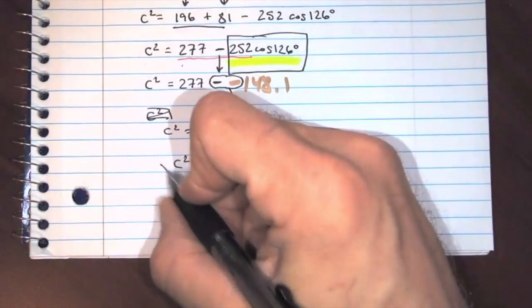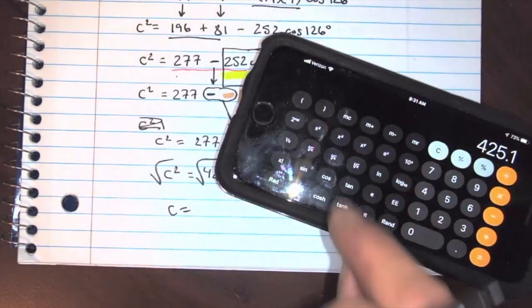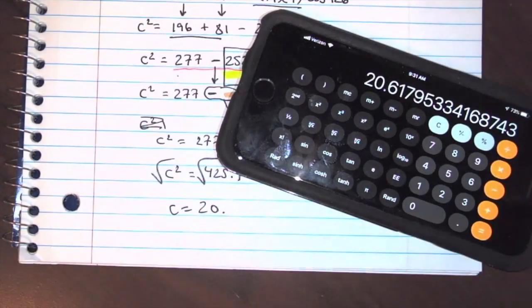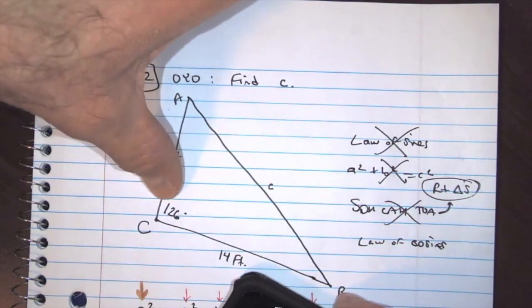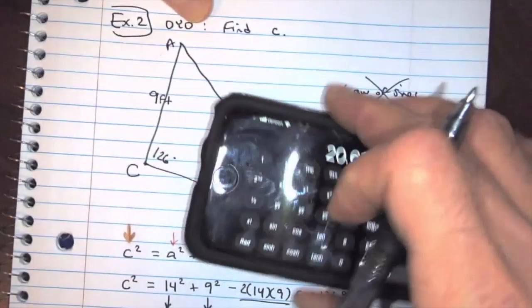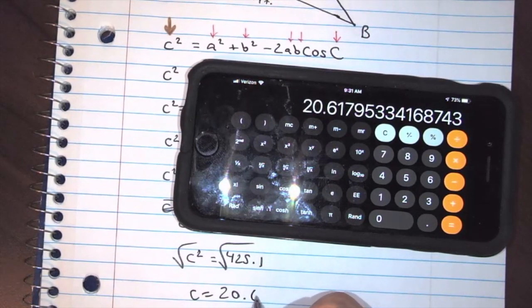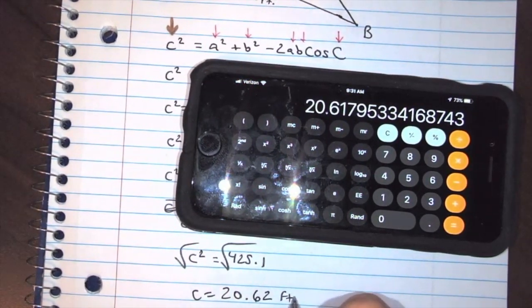And last but not least, square root both sides. So C equals square root, bam, 20 point. Now it doesn't say to round to the nearest tenth. I kind of forgot that. I also forgot that angle. Dumb me. So round to whatever you want. I'm going to round to the nearest hundredth. So 20.62. And because I've got labels, feet, circle that as the answer.